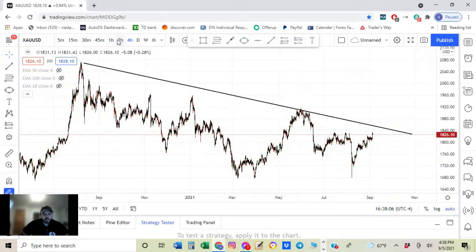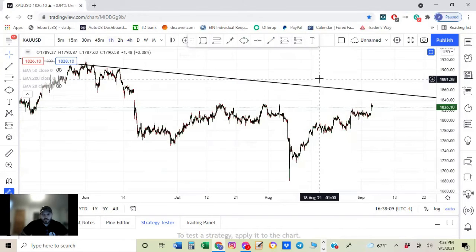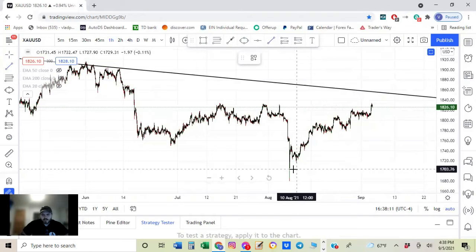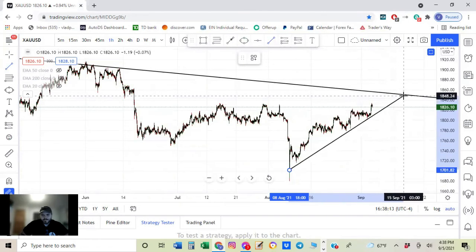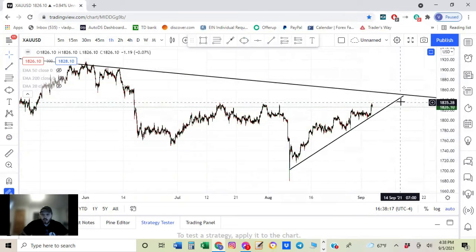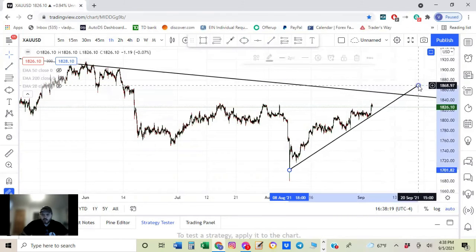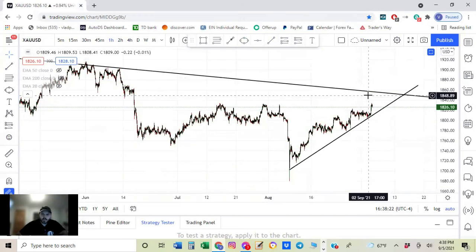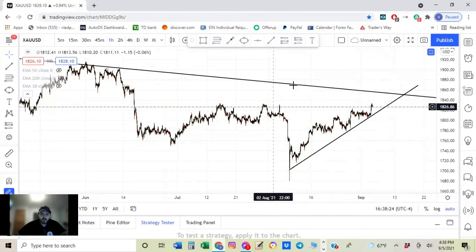So what we see here, we go on a lower time frame. We are seeing a bit right here of an uptrend. But it also comes into play with this downtrend that we created from the higher time frame.